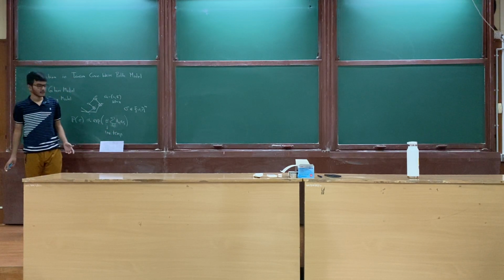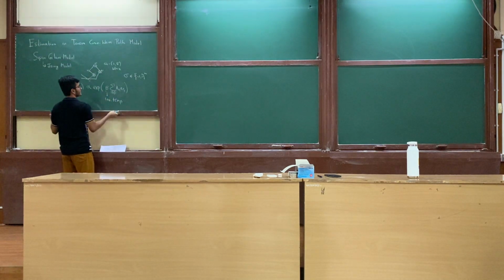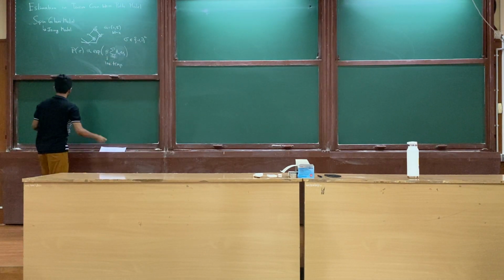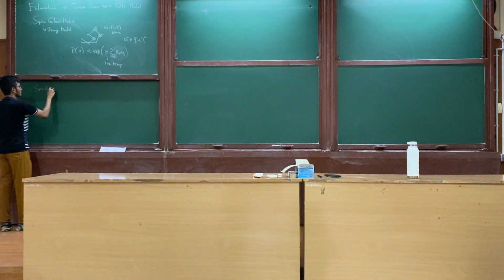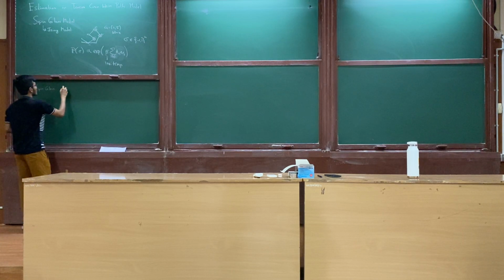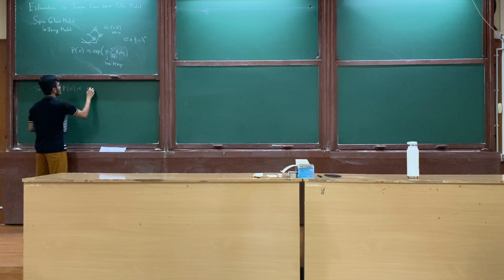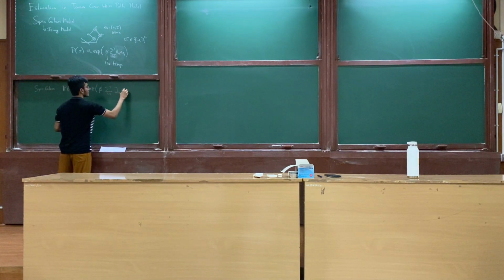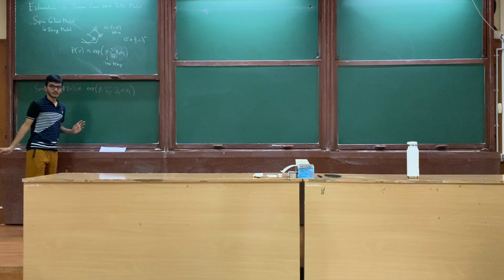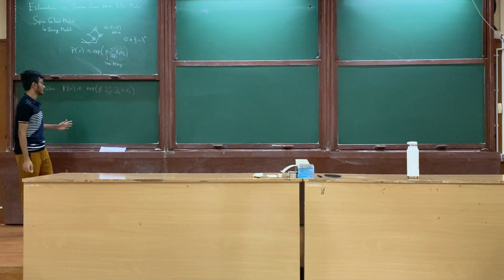We can put anything, and that's what gives us spin glass. Spin glass: the distribution of sigma is proportional to exp of the summation over ij of J_ij sigma_i sigma_j. Now this J_ij is any matrix. It needn't be a 1-0 matrix. It can be anything, 2, 3, any value. It can take fractional values, anything.